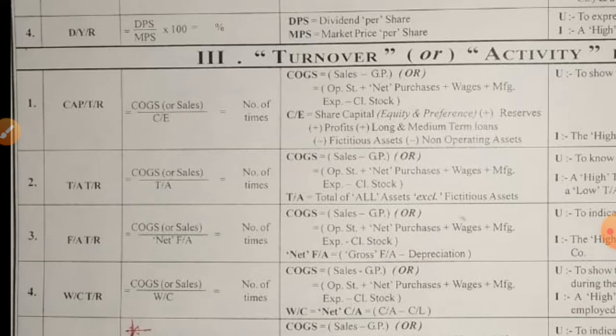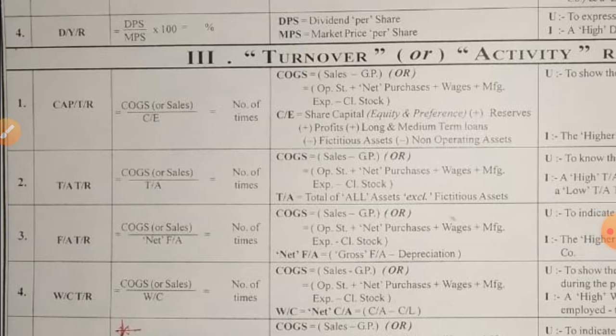See, capital turnover ratio. Turnover here means sales. For the turnover ratios we will take cost of goods sold.